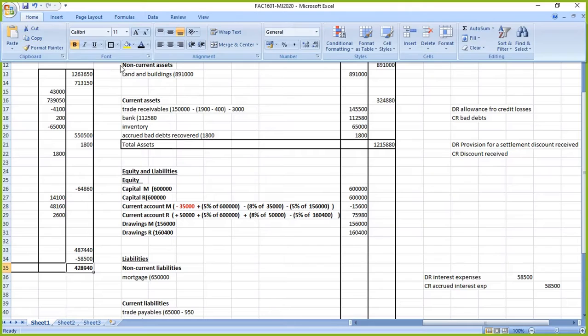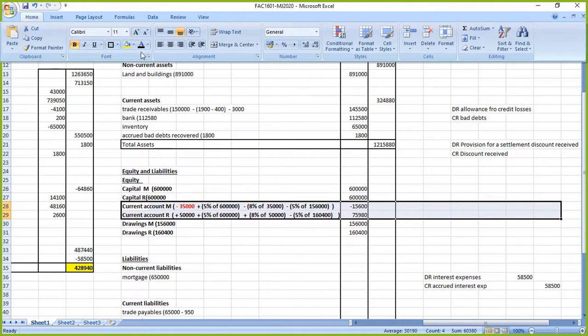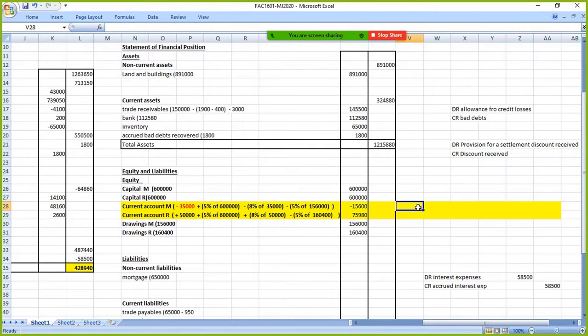So, appropriation. Okay, what is the profit? That's the profit. Okay, obviously minus all of this stuff. So you're going to have a minus for that. You'll have a plus for this. You'll have a plus for that.